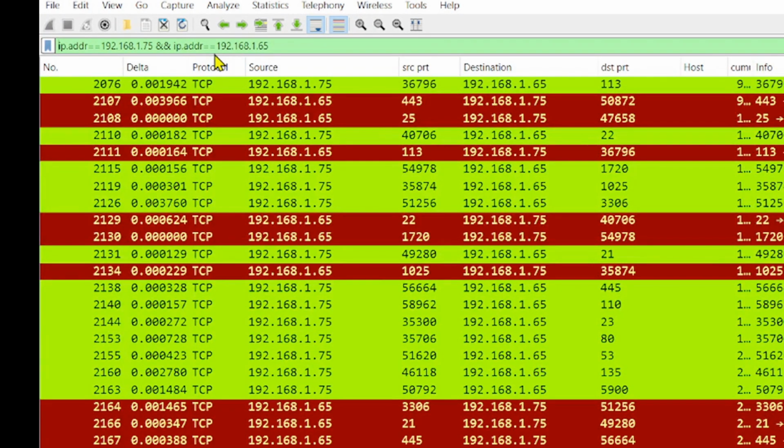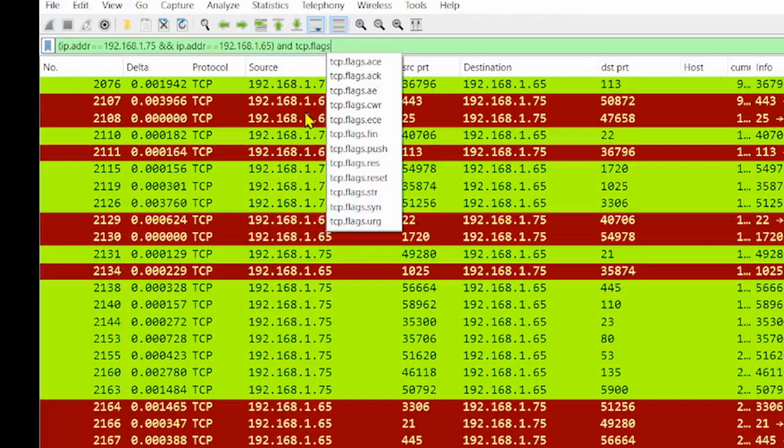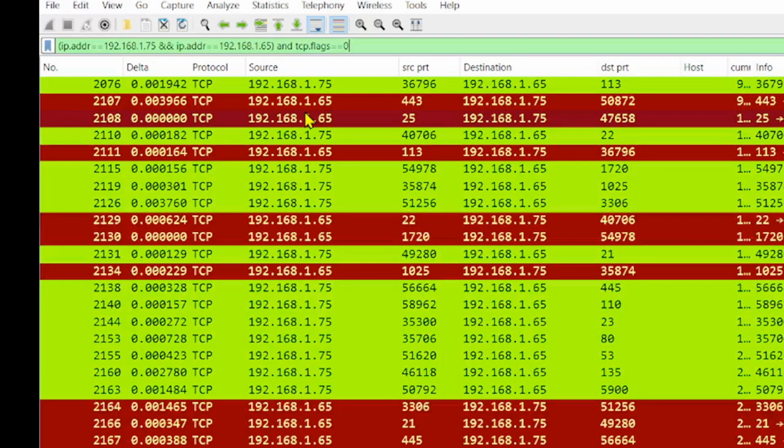I'm going to do an open bracket. I'm going to close it. It's green, so it likes it. And then I'm going to add and TCP flags equals 0x12. So that would be all the flags that are associated with SYN-ACKs, which would be an open port. So I'm going to hit enter.